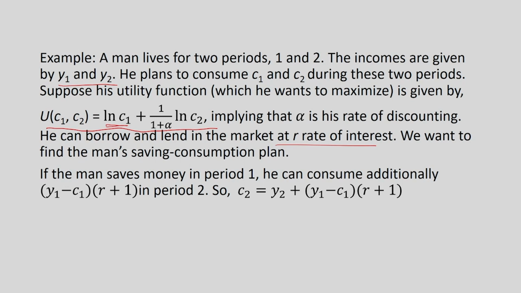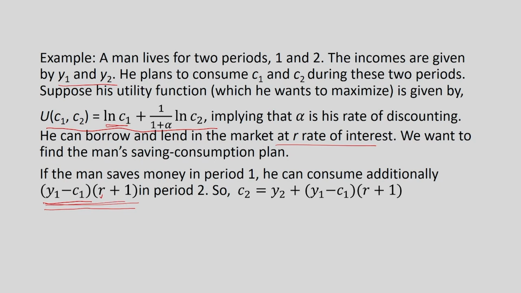If the man saves money in period 1, he can consume additionally (Y1 minus C1) multiplied by (R plus 1) in period 2. This is not difficult to understand. Y1 minus C1 is his savings in this period, which he will lend out, on which he will get this rate of interest. So, the total amount of money that he will get back in period 2 will be this much.